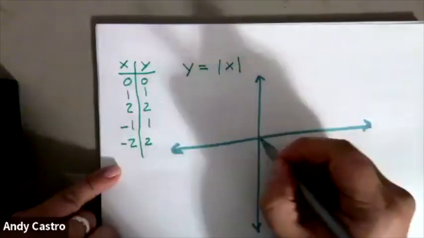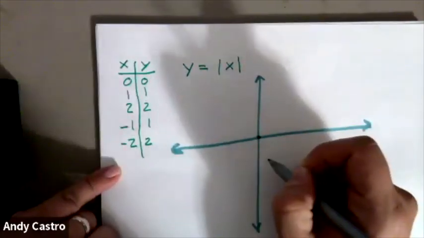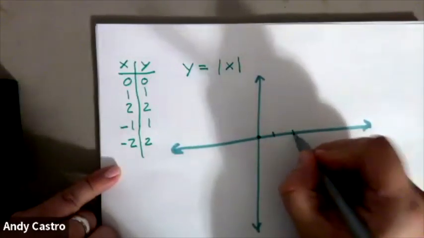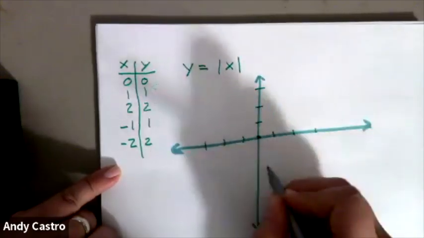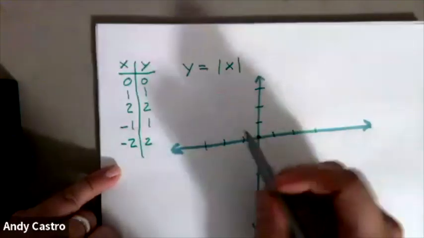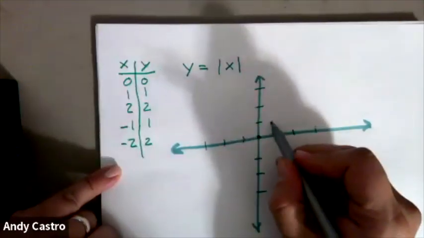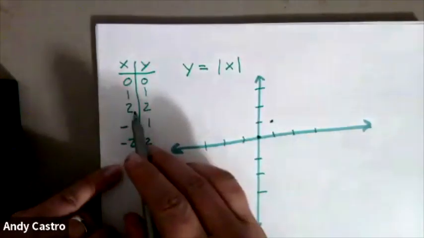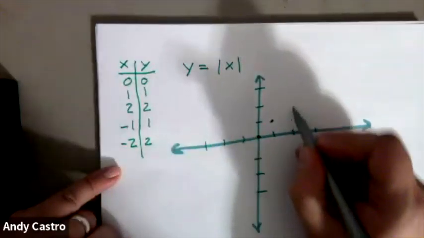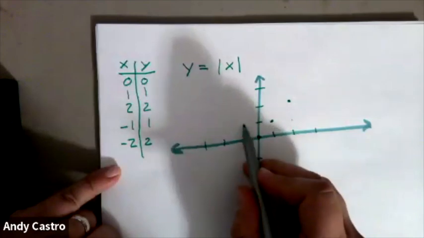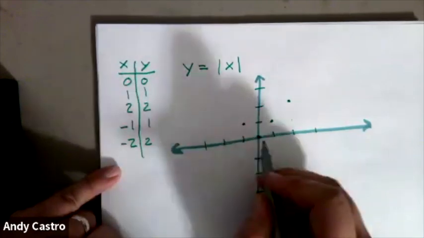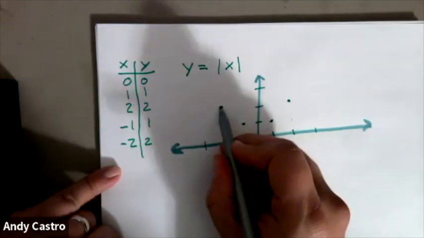So we have a point at 0, 0. Okay. We have a point at 1, 1. We have a point at 2, 2. Then we have a point at negative 1, 1, and negative 2, 2.